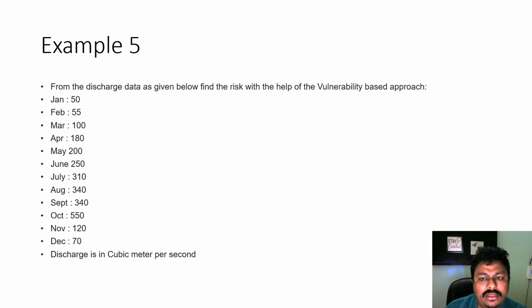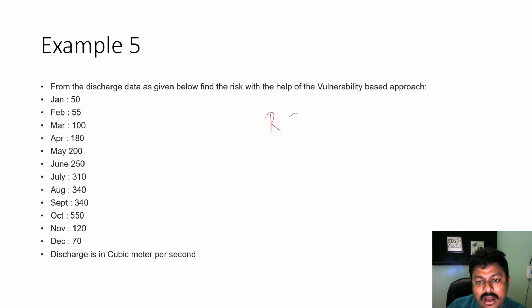So let us begin. Here the earlier example asks you to find the risk value with the help of the natural hazard based approach. So how we have calculated is, let us find it.